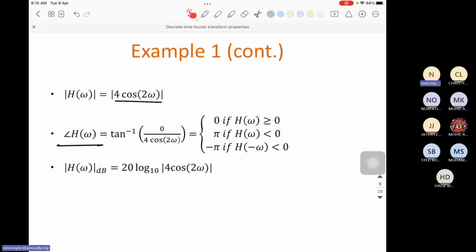Therefore the angle will be 0 if h of omega is greater than or equal to 0, pi if it is less than 0, and if it is h of minus pi, then it is minus pi. If you want to find the magnitude in decibels, you need to multiply 20 log to the base 10 of the actual magnitude value. So you will get the magnitude in decibels.